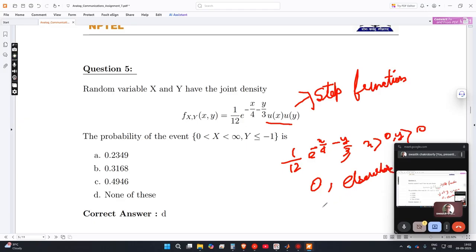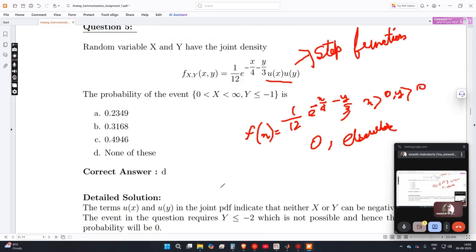Okay, so this is our PDF. Now we have to find the probability of x lying between 0 and infinity and y being less than minus 1.